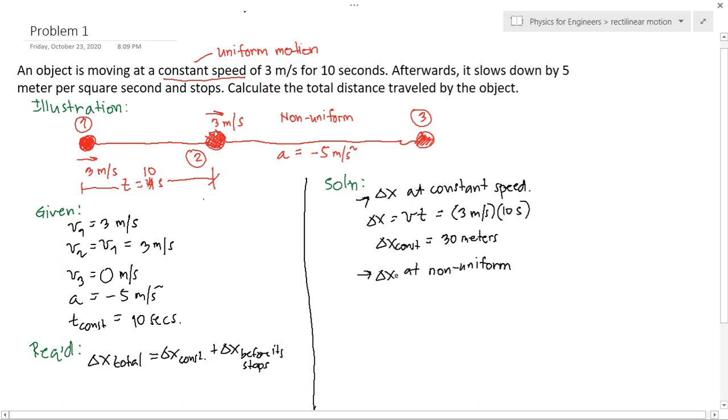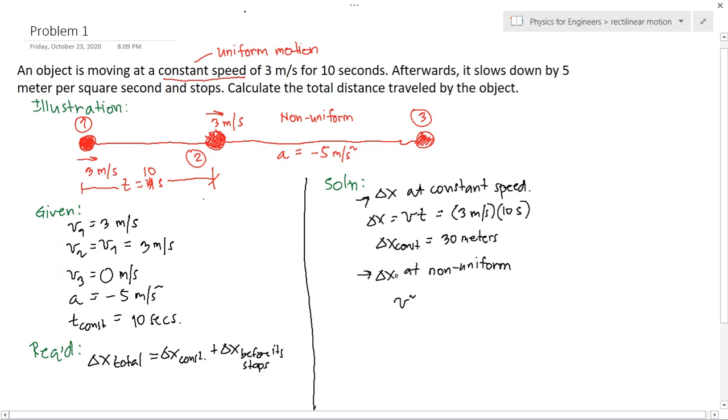So ano ba tong delta x at non-uniform? You can use the second kinematic equation, or even third na lang. Kasi if you're going to use the second kinematic equation, lacking yung problem ng t, so therefore you cannot solve that one. But you can apply the third kinematic equation by this formula.